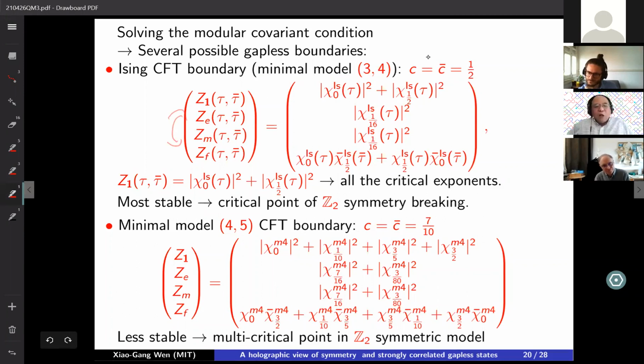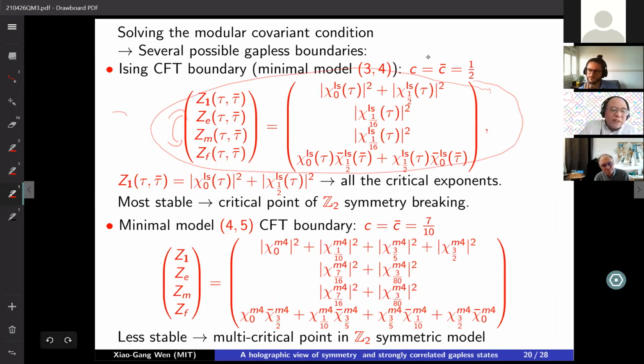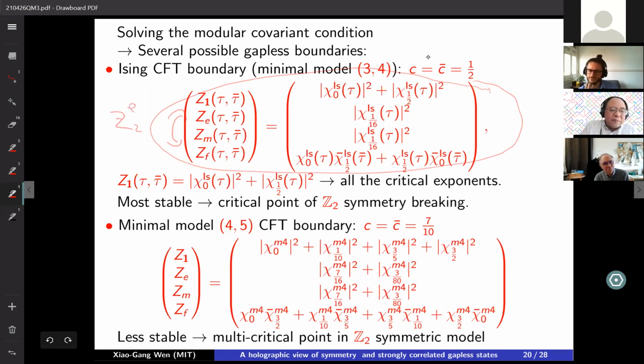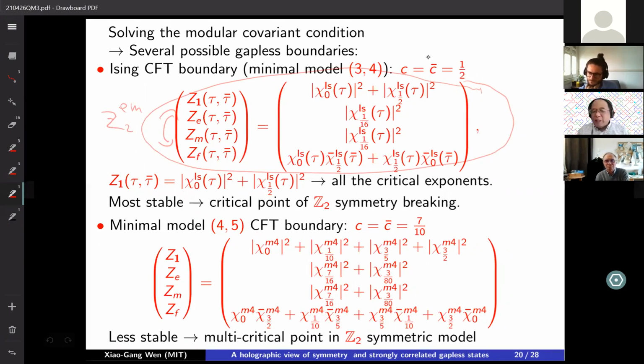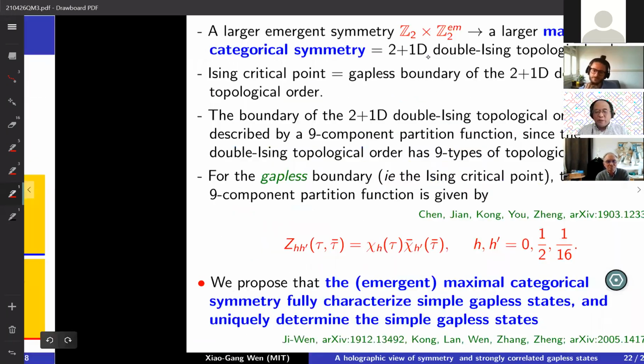So when I say quantum double of Z2, I did not describe all the emergent symmetry of this conformal field theory. Actually, there's even more. So we should include this Z2, e and m, and this e-m exchange symmetry. And when we include this e-m exchange symmetry, we have an even bigger categorical symmetry.